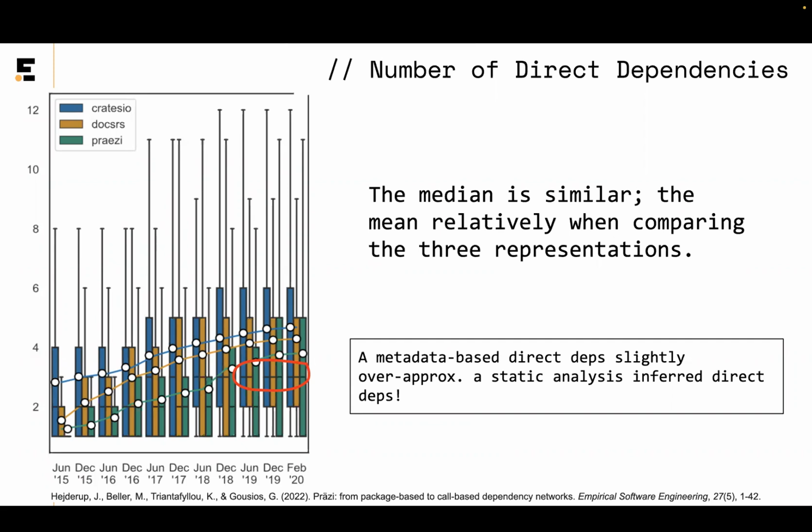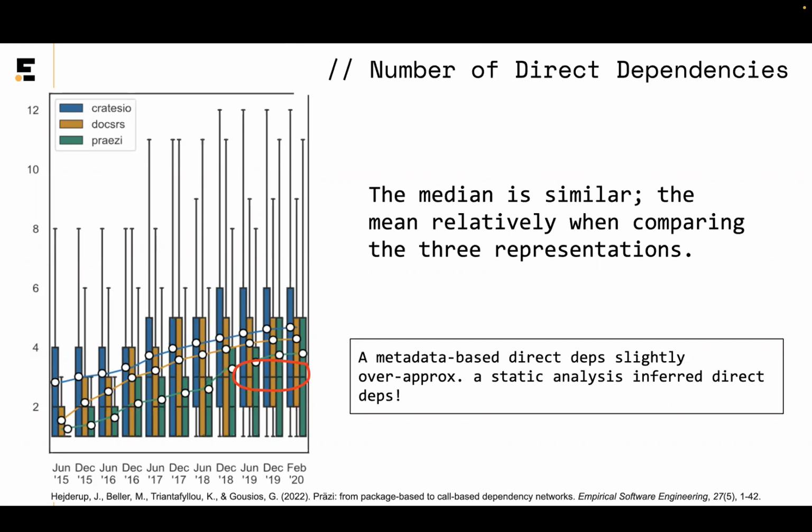The docs.rs one is also metadata-based but validated, because some metadata, as I was mentioning earlier, might be broken and not actually working. Sometimes you have declared dependencies that no longer exist in a repository, so all of those have been removed. And then you have the Prazi one, which is the call-based dependency network.